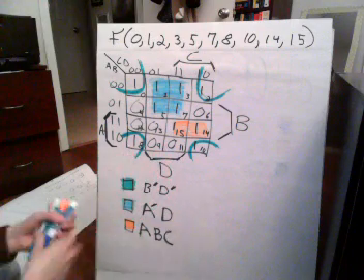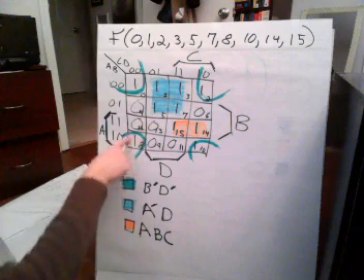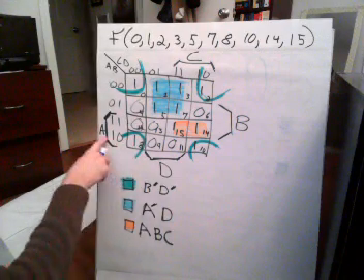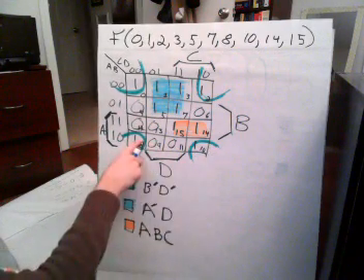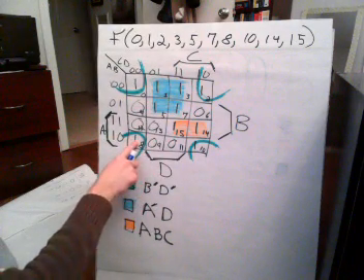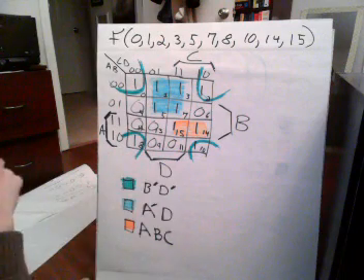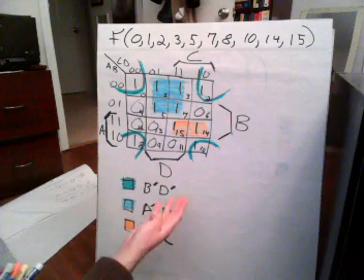If we looked at any of these in particular, like this 1 right here by itself, this would be A, B naught, C naught, and D naught. So each one by themselves requires 4 variables.